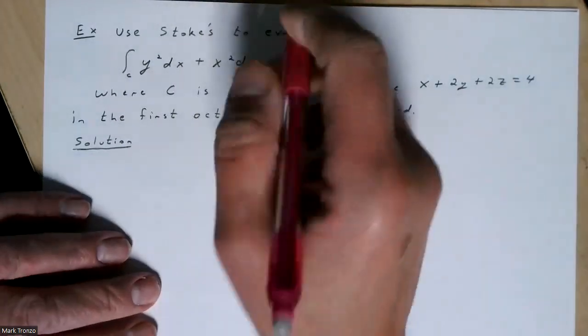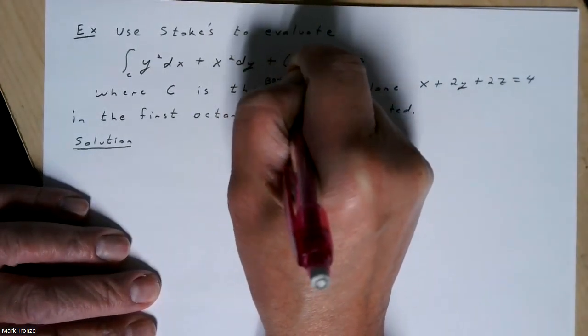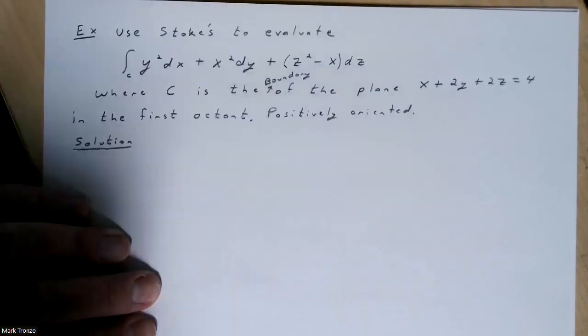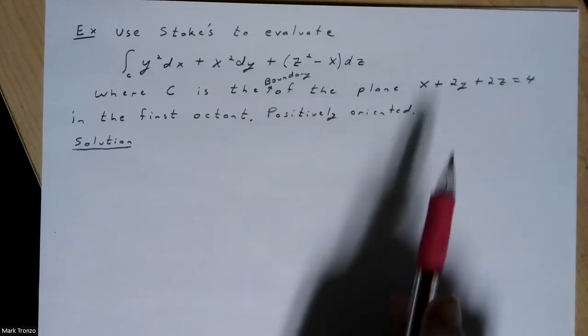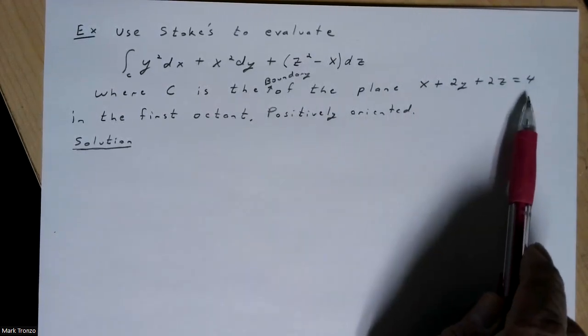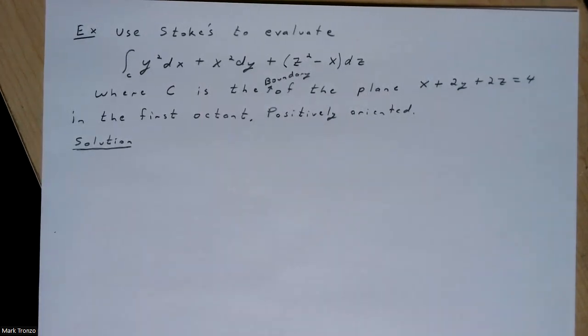I should have had the word boundary in here. Is the boundary of the plane x plus 2y plus 2z is equal to 4 in the first octant, positively oriented. And we're going to evaluate this using Stokes' theorem.